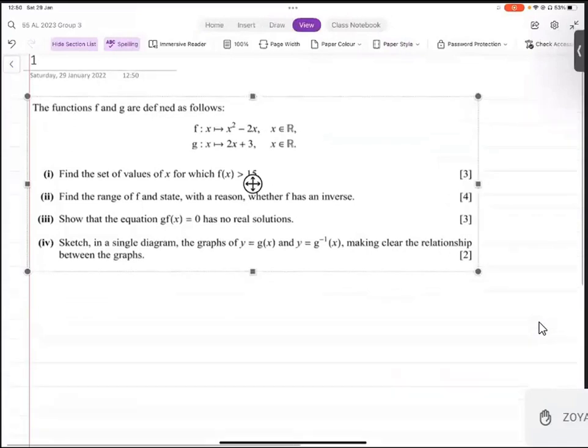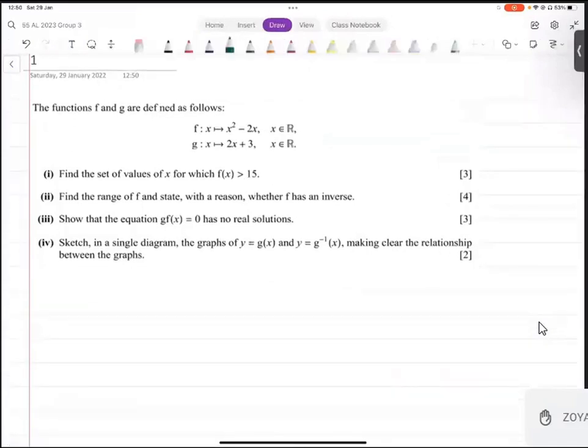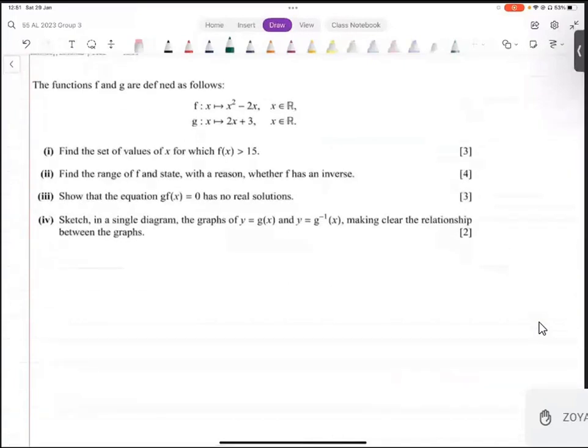Okay. So there are two functions f and g. They are defined as follows. F of x equals x squared minus 2x, g of x equals 2x plus 3.